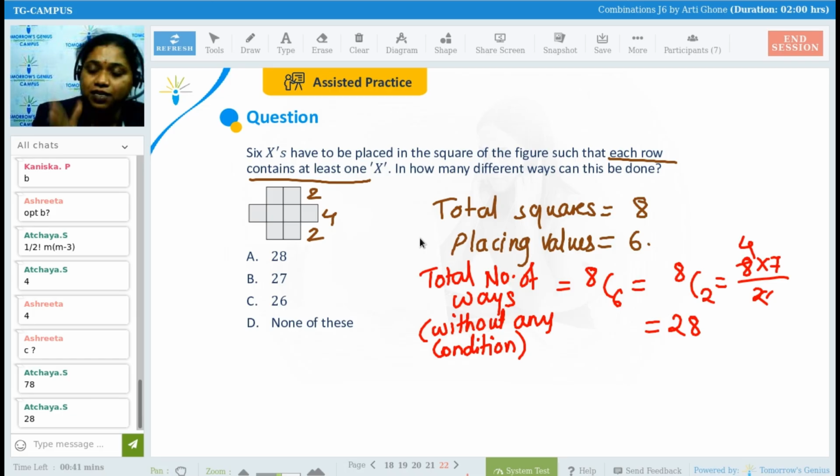We need to subtract some cases, those not following at least one x in each row.